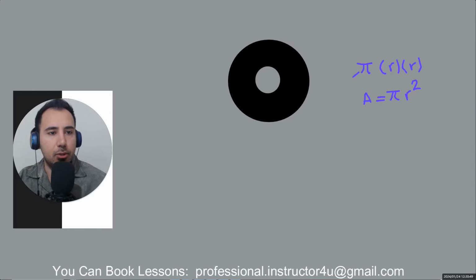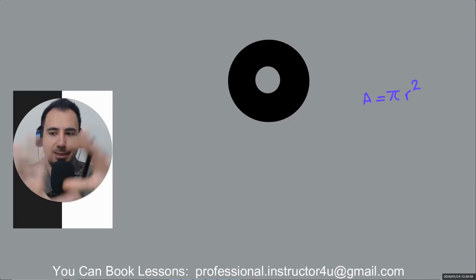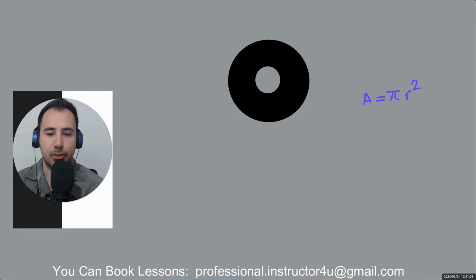Now, how many circles do you see in this picture? We see 2, right? But what is the area of this donut shape? It's going to be the big one minus the small one. So for example, I have to assign some numbers here.